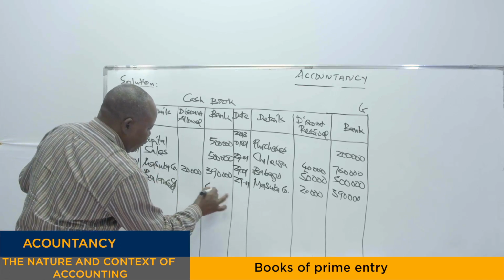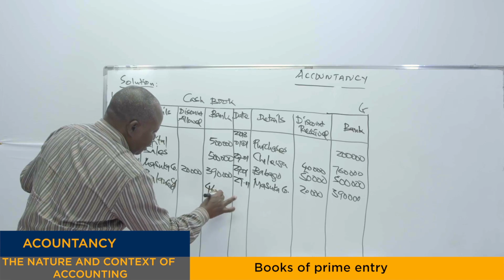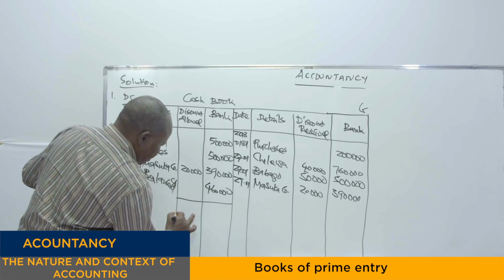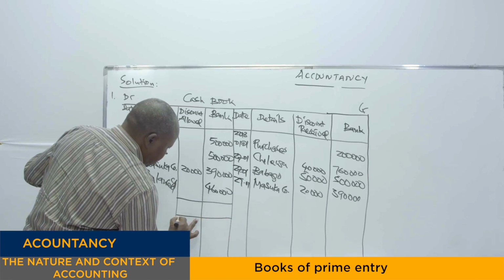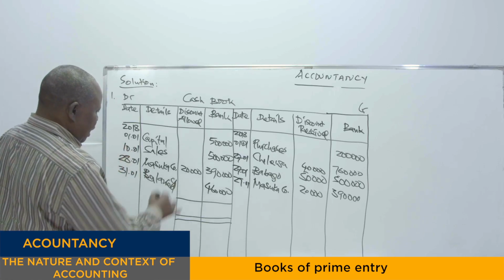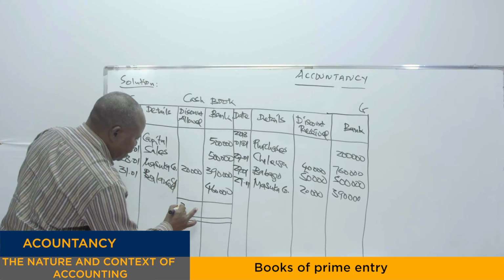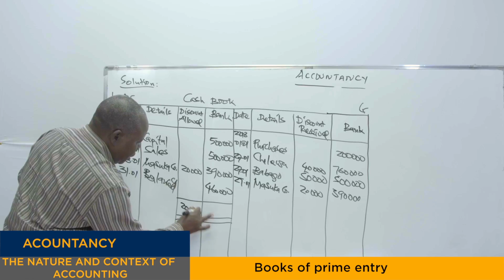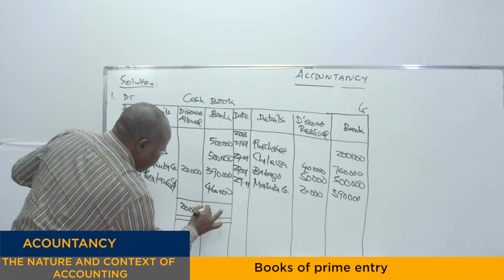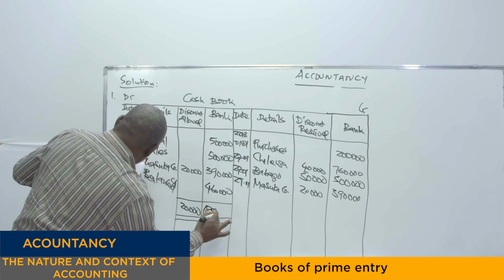So we write here 460,000. So the total now, of course, there's no balance for discount. So total discount allowed is 20,000. And here now the total is 1,850,000.